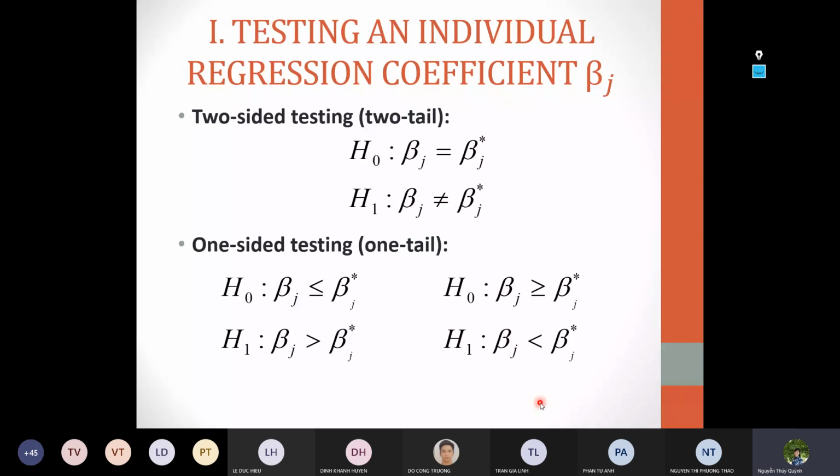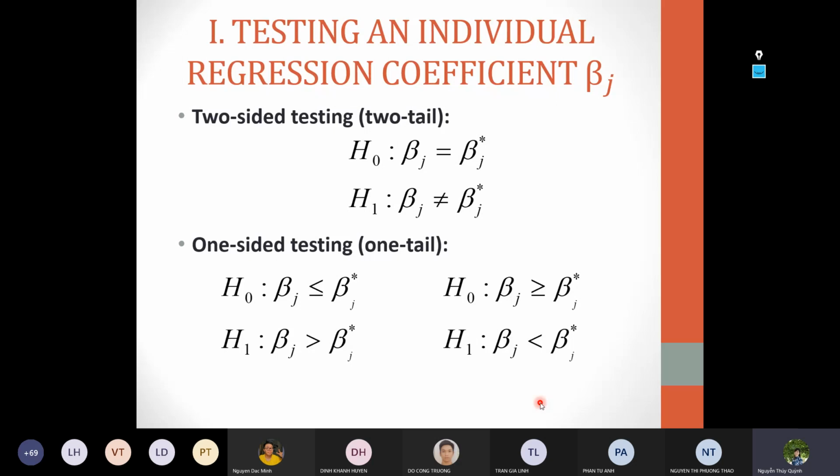If H1 says that beta j is different from beta j star, it means that it is two-sided. But if it is smaller or bigger, then it is just one-sided. We focus on H1. That's right. Just look at the alternative hypothesis H1.